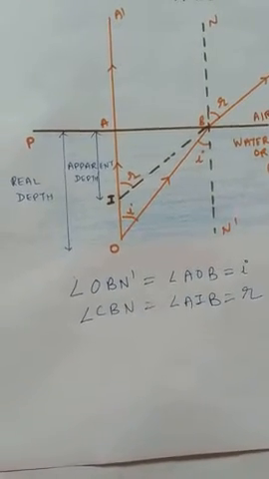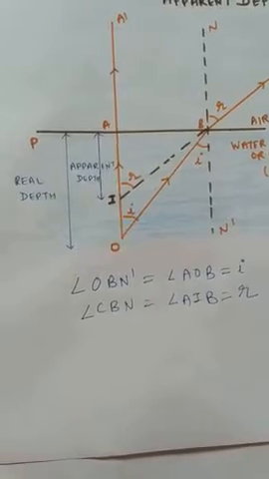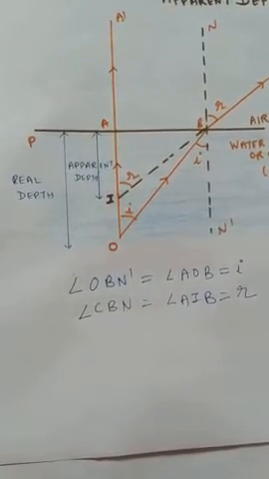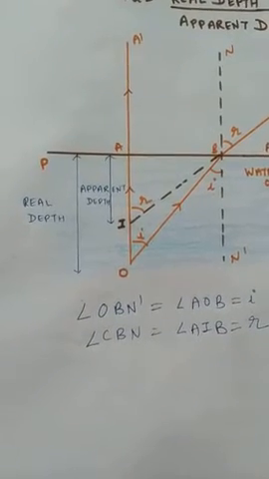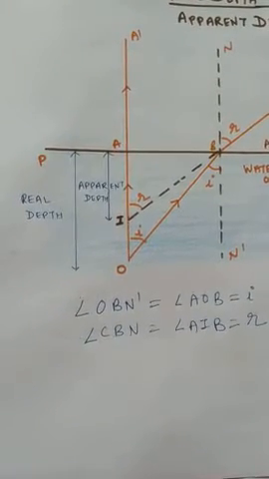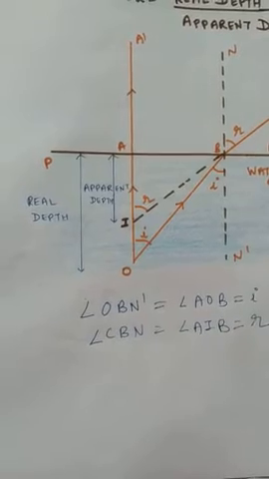Now we will find out the value of sin I and sin R, because if we want to derive a relation for refractive index, we know that using Snell's law refractive index is sin I by sin R, and for that we need the values of sin I and sin R.